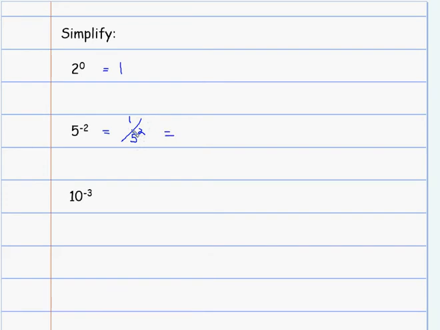And then we can evaluate that because we know that 5 times 5 is 25. So it's 1 over 25. 10 to the negative 3rd power is 1 over 10 to the 3rd power, which is 1 over 1,000. 10 to the 3rd power means 3 zeros, so 1 over 1,000.